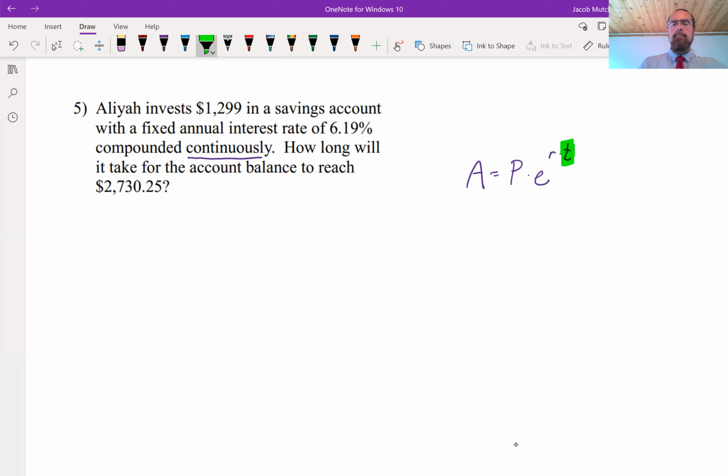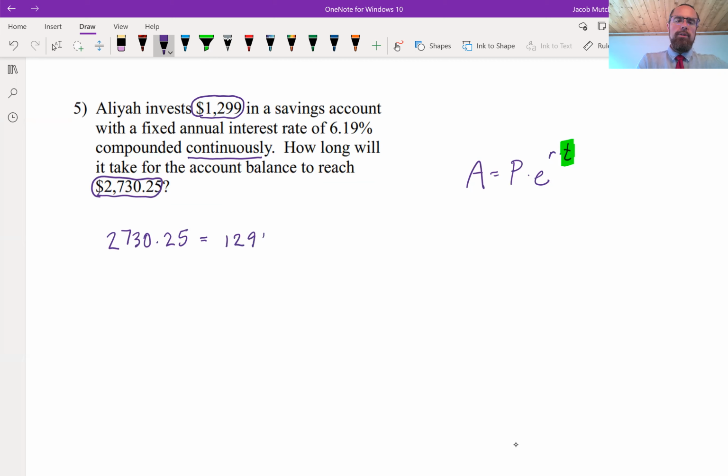Still, let's set it up by substituting in values. So again, for my A, my future amount, that's $2,730.25. The initial investment's going to be the $1,299.